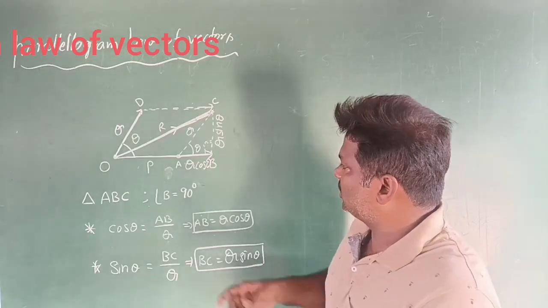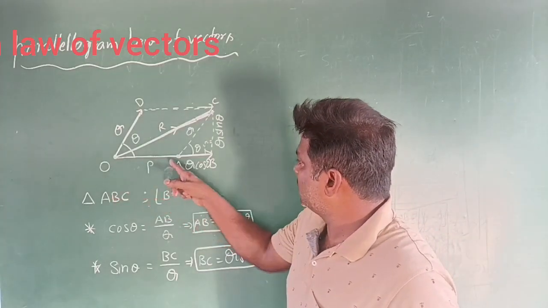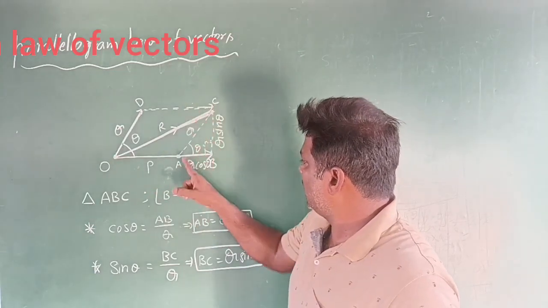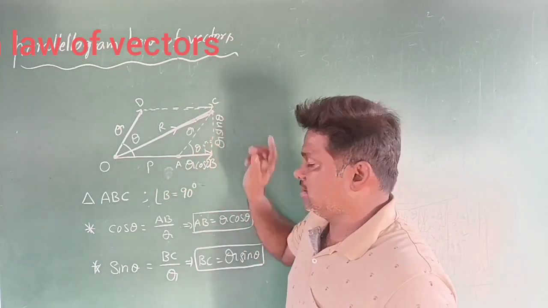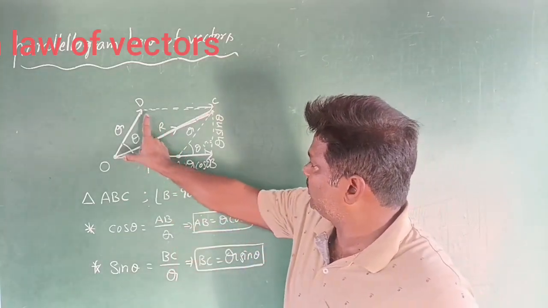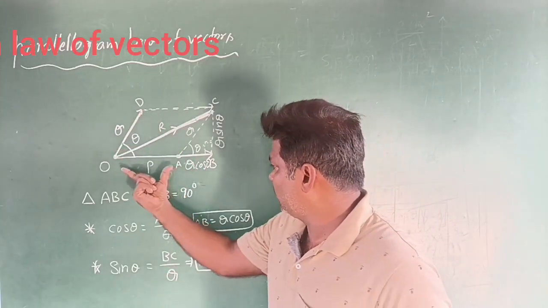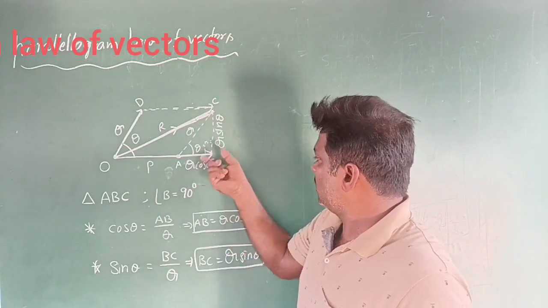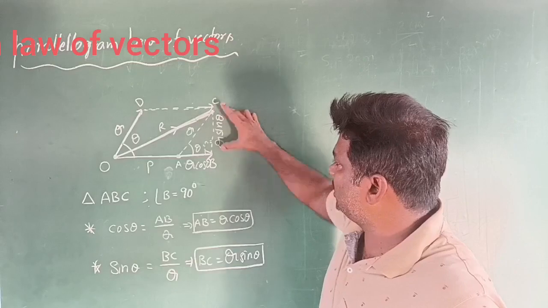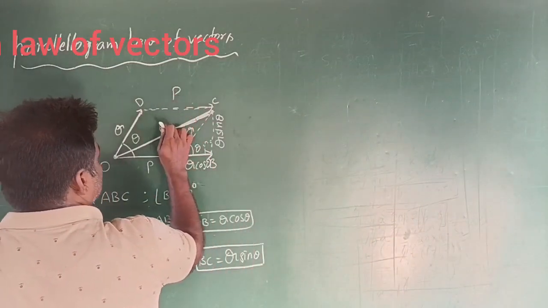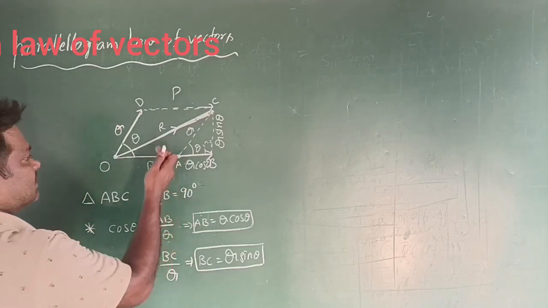Now observe here. You got OACD is a parallelogram, and ABC is a right angle triangle. Now all the sides: the name of this side is Q, this side is P, this side is Q cos theta, this side is Q sin theta, this side is equal to P, and this is R. What is the resultant?